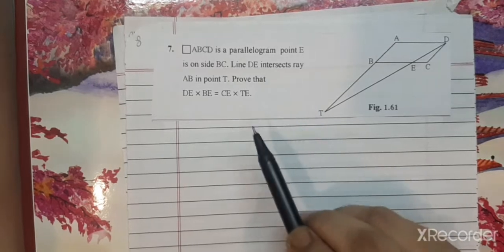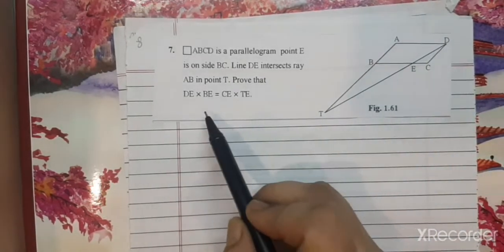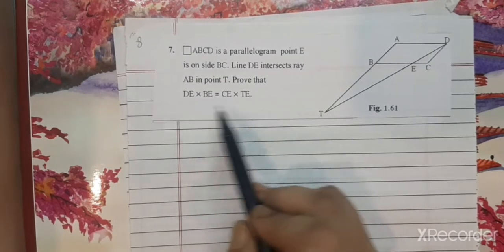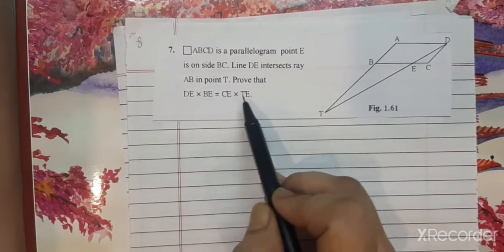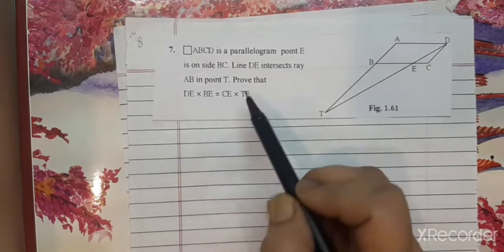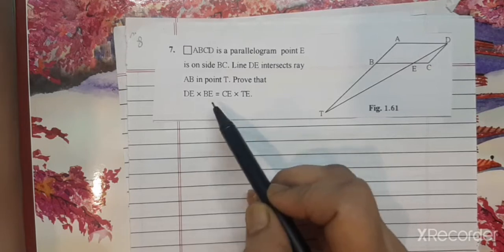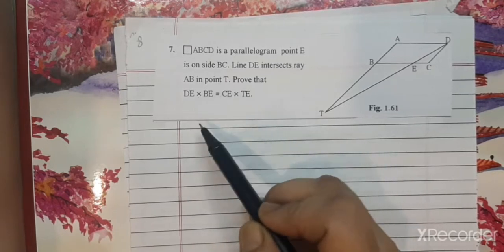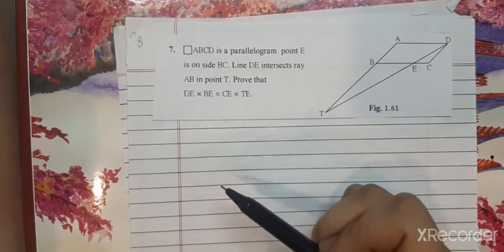Again, if you look at the given information, the figure and what is asked to find, you will see that it has two sides which are multiplied. On the other side also two sides are multiplied. If you cross multiply or if you just exchange, you will get the proportional sides. If I bring one side here, it will become divided, that is, it will show proportion.